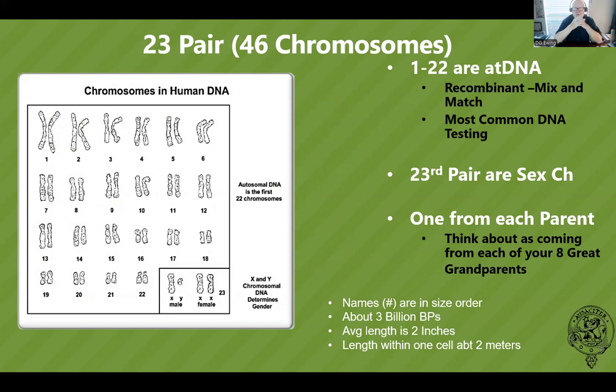We have 23 pairs of chromosomes. One of the pair we receive from our mother, and the other one we receive from our father.